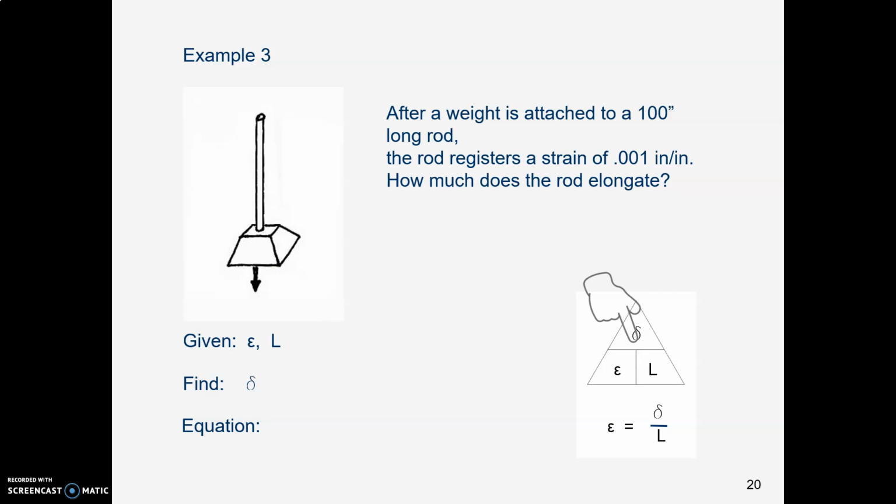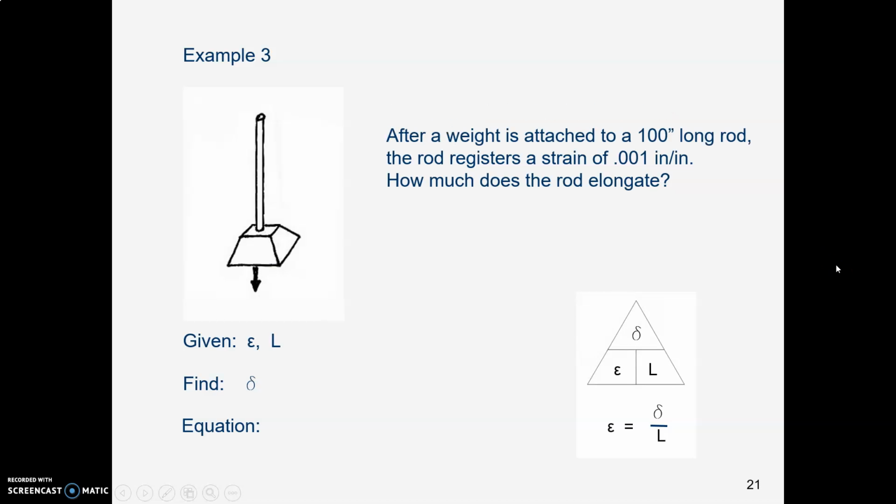How much does it elongate? Well, we're looking for deformation, so let's cover up the deformation in our triangle. And we are left with strain times length. Deformation is strain times length. Strain was 0.001. Original length was 100 inches.